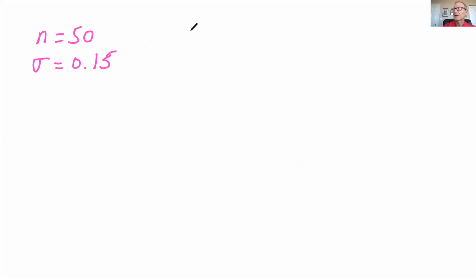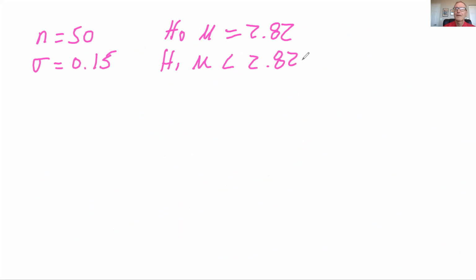And we're given that the null hypothesis is 2.82, and our alternative hypothesis is less than. So we're doing a left tail test. And out of these 50, our mean was 2.77.